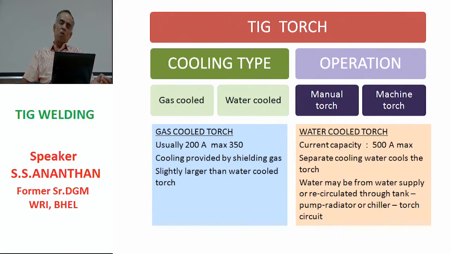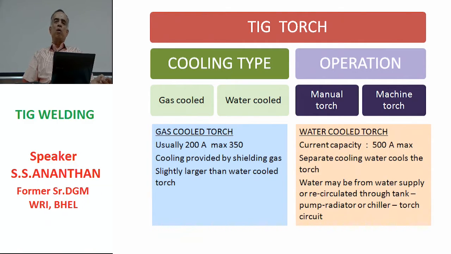And the water supply used for cooling can be running water like a tap which is used in the industry, or it can even be a closed circuit system where you have a water supply, then a tank, pump, radiator or chiller, and then after cooling it again comes back to the torch body.